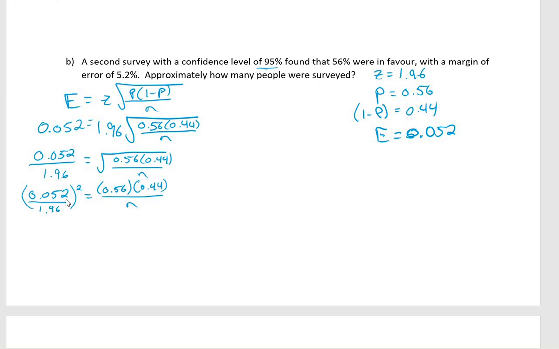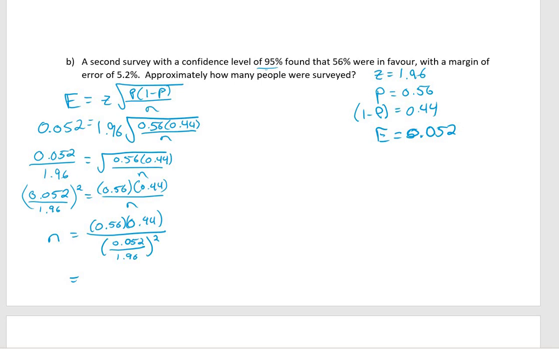So we're going to have to multiply both sides by n to get the n over here, and then divide both sides by that to get the n by itself. So n is going to be 0.56 times 0.44, all divided by 0.052 over 1.96, all squared.